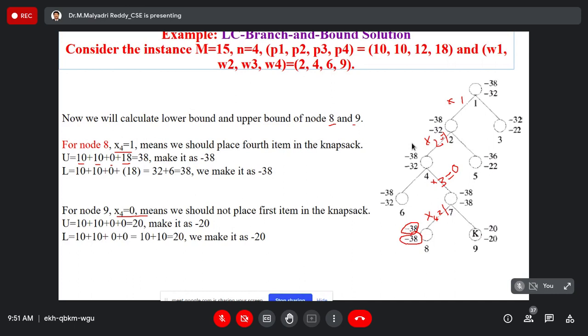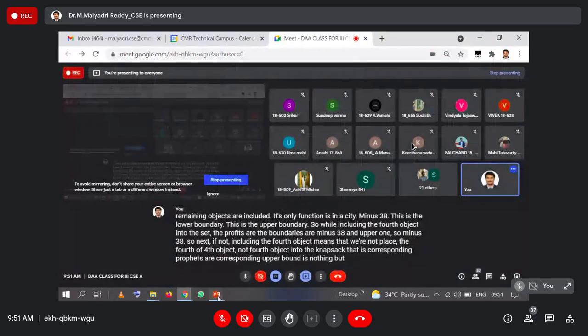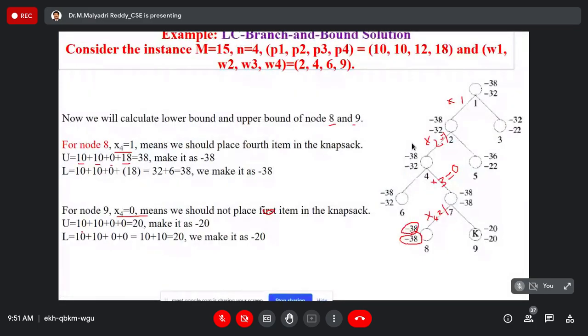Next, if not including the fourth object, that means we do not place the fourth object into the knapsack. The corresponding upper bound: first is included, second is included, third is not included, fourth is not included.